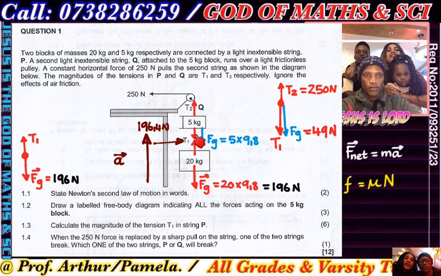And this string at the same time is being pulled by, it's attached to this, the 196 Newton. Am I right? Yes. So this is the one that will most likely cut off, or the one that has a greater force. I'm just giving you that so that you can know, as a general answer, the one that will experience greater force.